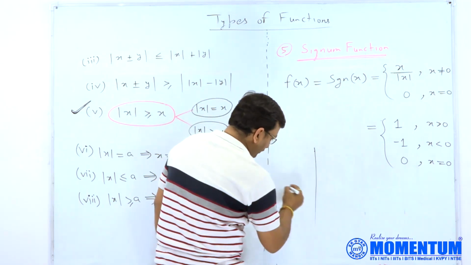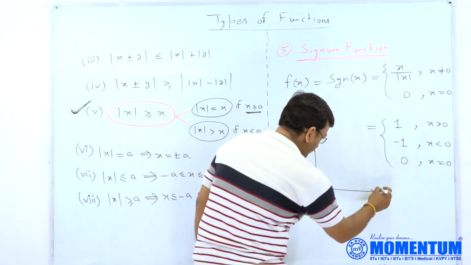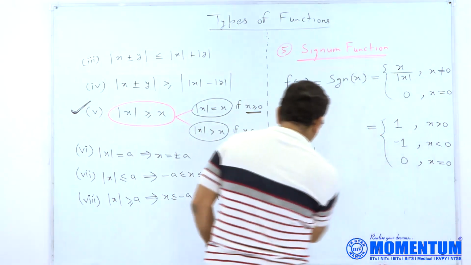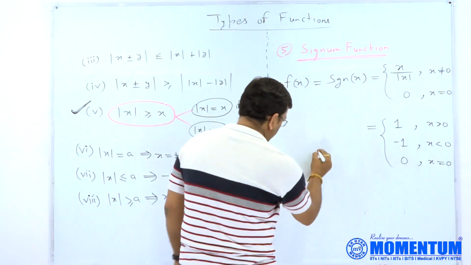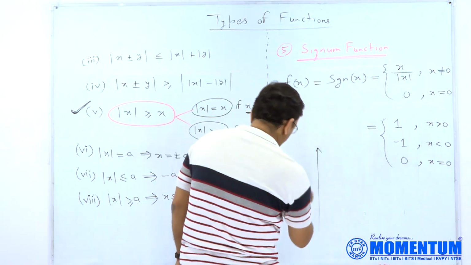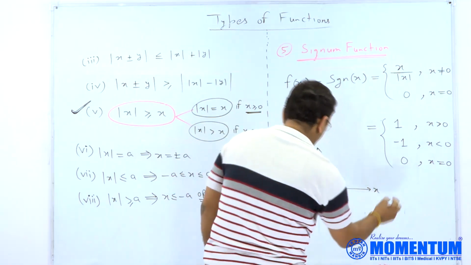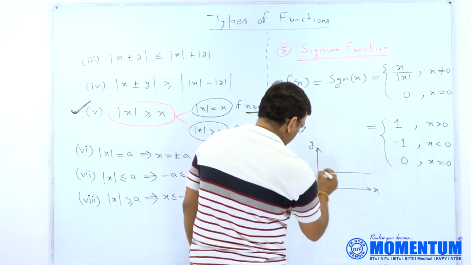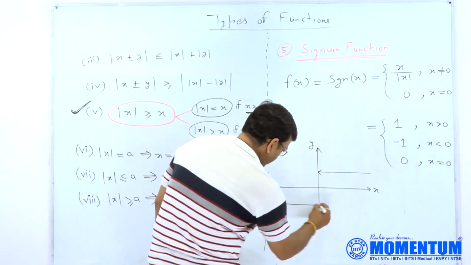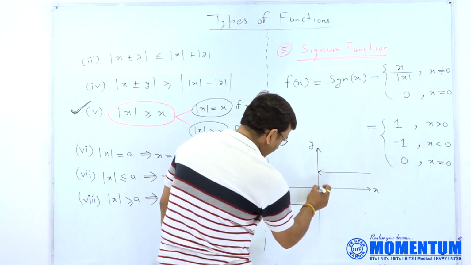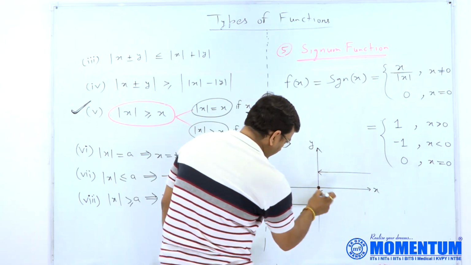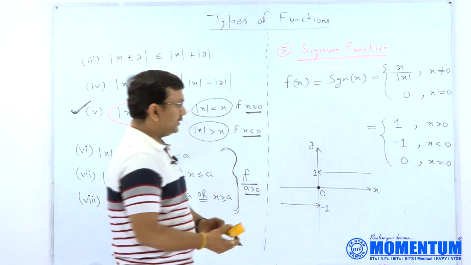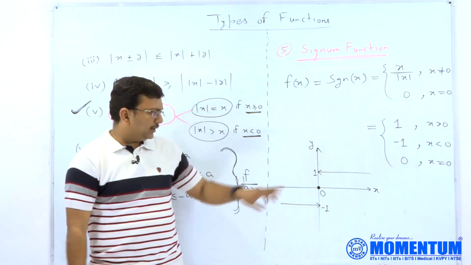Diagram of the signum function. One for positive x, minus 1 for negative x, and 0 at 0. Students, pay attention in this graph.